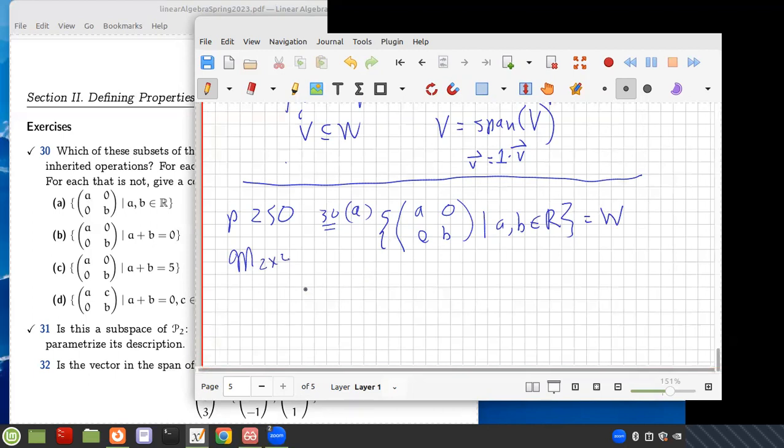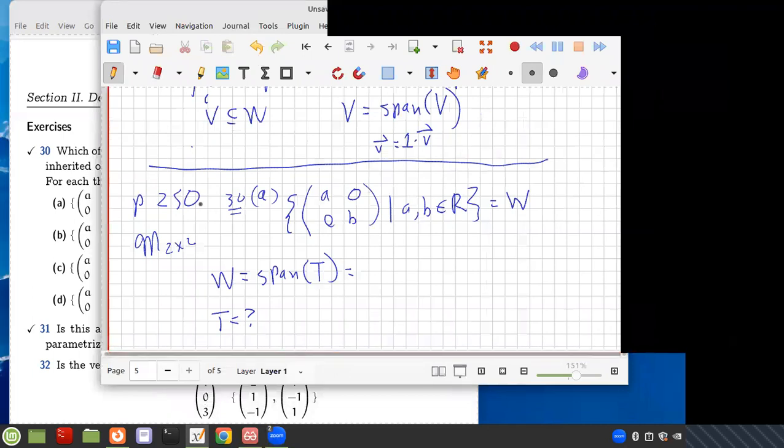We want to write W as the span of some set T, so we want to fill that in and know what T is, and we want to determine if it's a subspace.